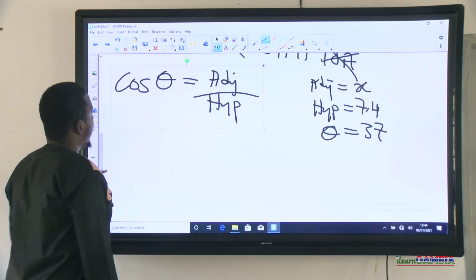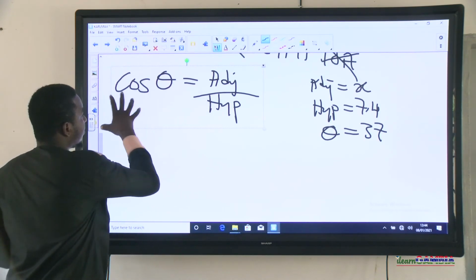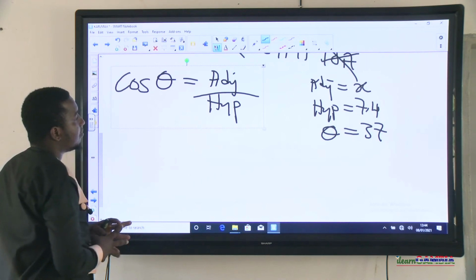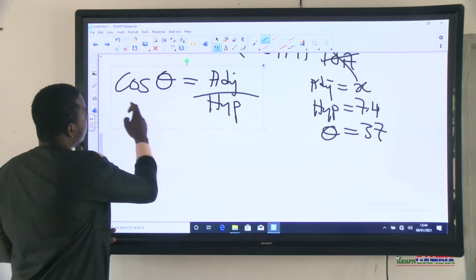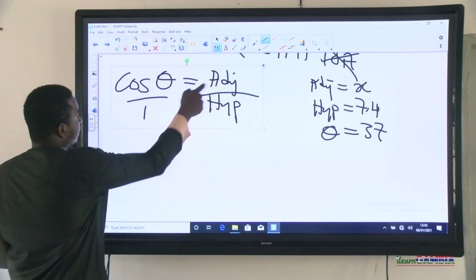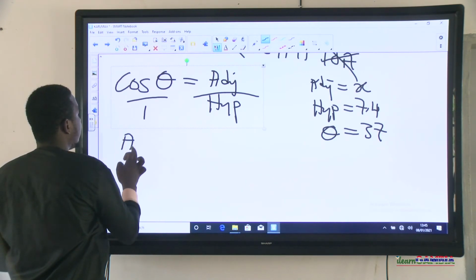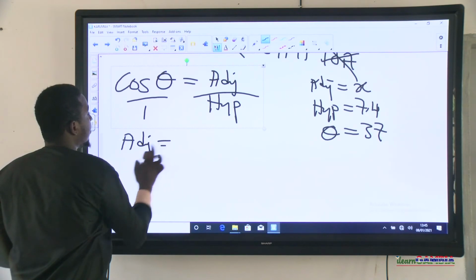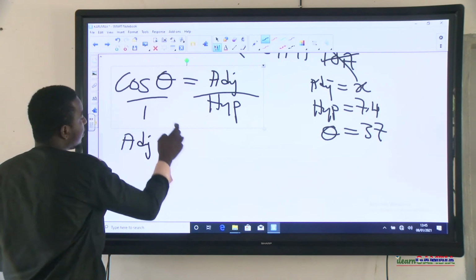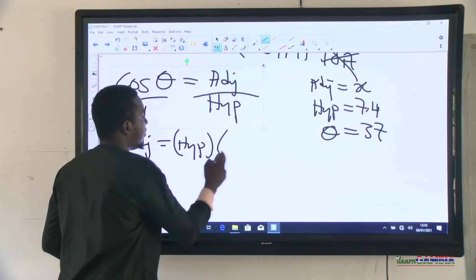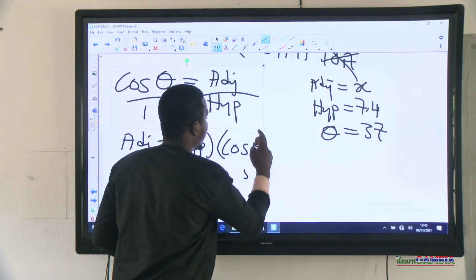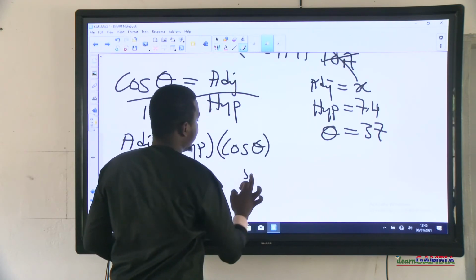Okay. Now, let's try to cross multiply to have everything in a linear equation. If you cross multiply, this is divide 1, you are going to have the adjacent is equal to the hypotenuse multiplied by cos of the angle theta.